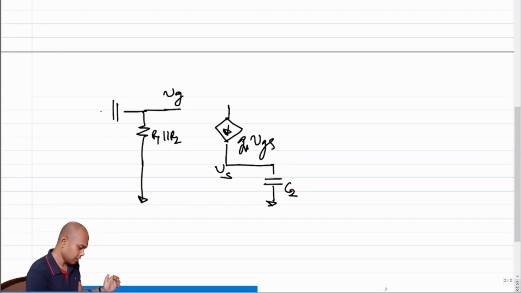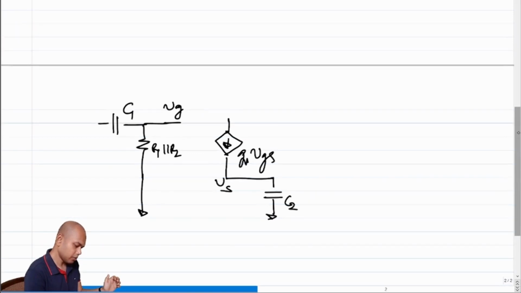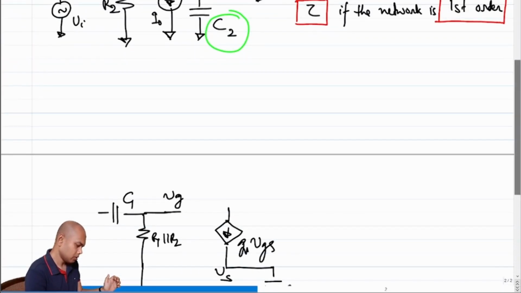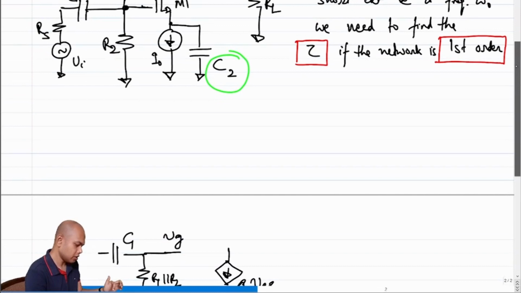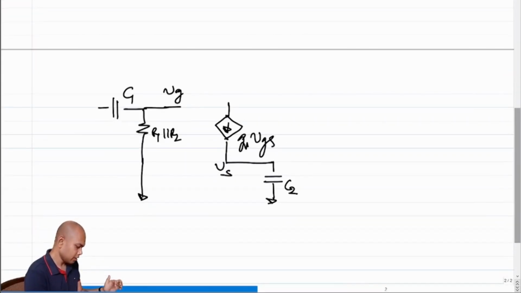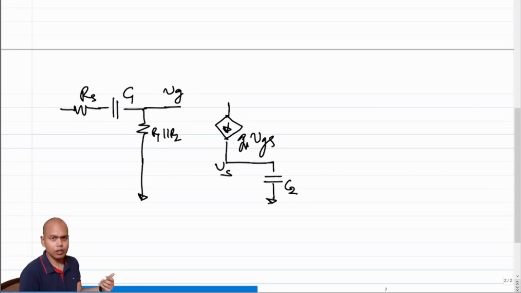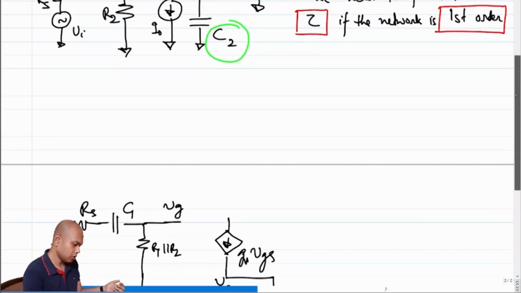We have C1. What else do we have? We have Rs, and then we have Vi. But in order to figure out the time constant, we don't need the input. We can de-energize the input. Setting Vi to 0 is equivalent to shorting this terminal. Okay, so far so good.